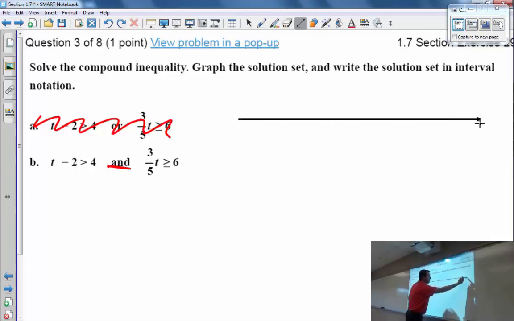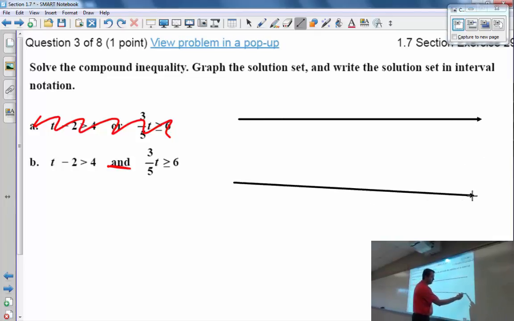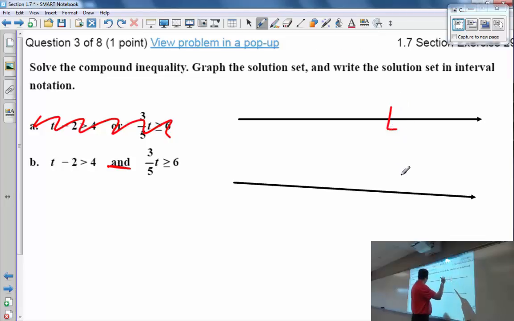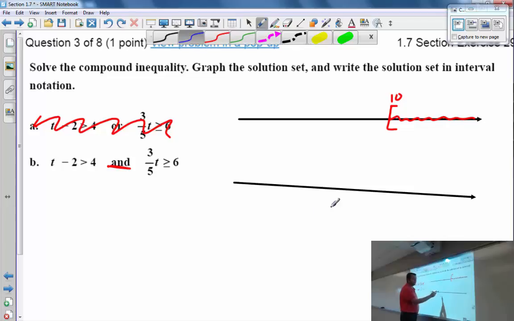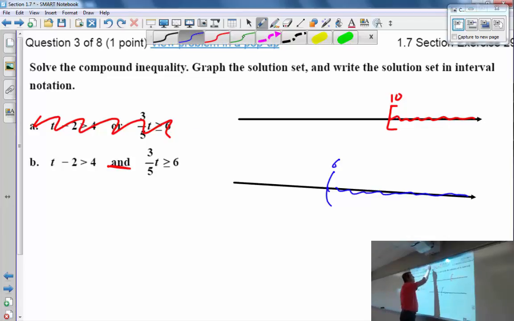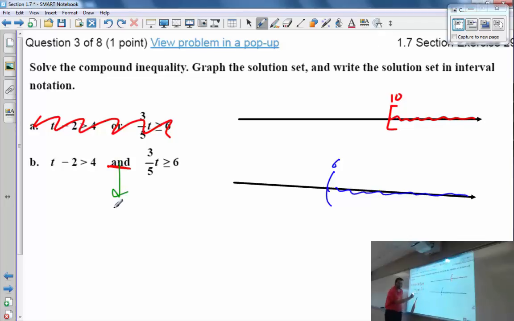The top one, red, blue one. Red goes from 10, right? It was 10, right? To infinity. And blue goes from 6 to infinity. Alright. What is the meaning of AND? Any ideas?